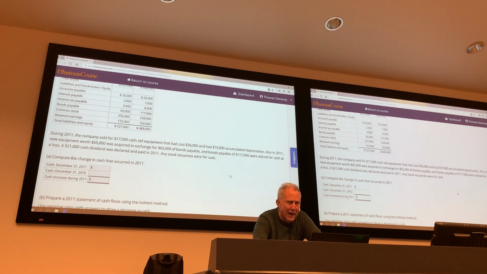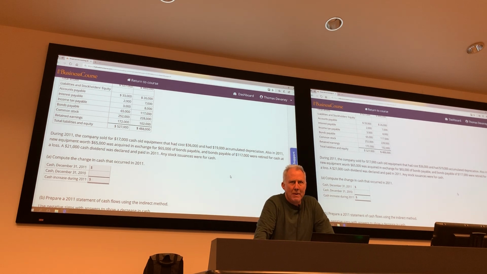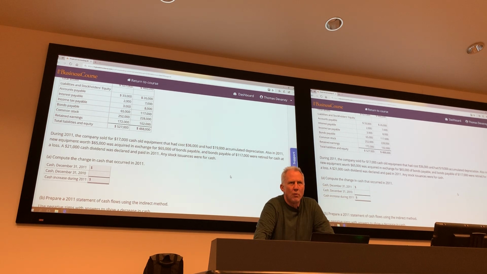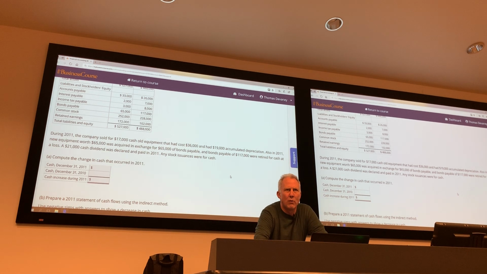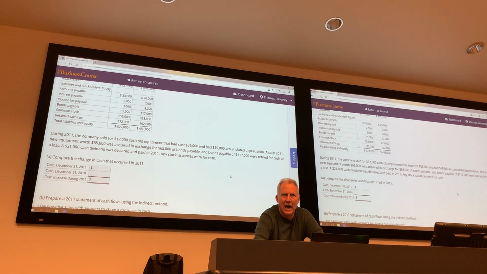The issuance of the common stock, all they mention is that any increase in common stock was for cash. So looking at the balance sheet, if you remember from the very first accounting class, when we talked about equity, we said there was two portions of equity. There was earned capital and there was contributed capital, okay? So the contributed capital is the common stock account.